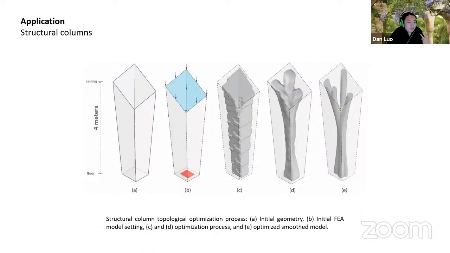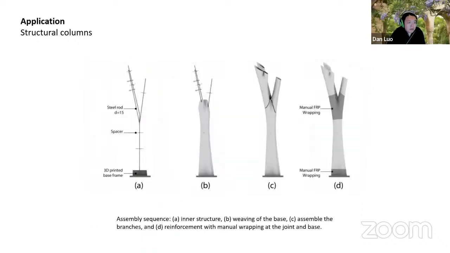Hypothetically, this can be used to fabricate very gaudy looking topologically optimized structures without the need for customized formwork, and also share the benefits of adding additional strength to the structural members and the ability to be easily assembled by workers manually.